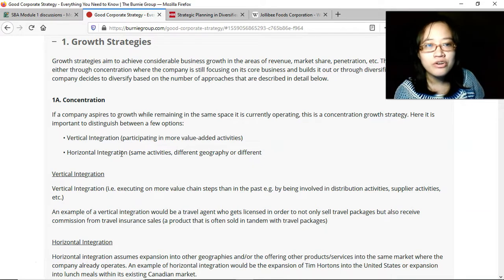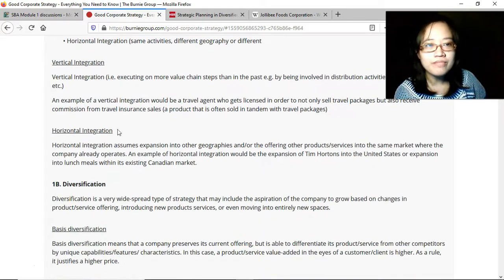Okay, and then for horizontal integration, it's the same activities, let's say the same product line, everything that you're doing, you're just going to do all of it the same, but let's say you're going to introduce it to different areas, different geography, or different places, right?